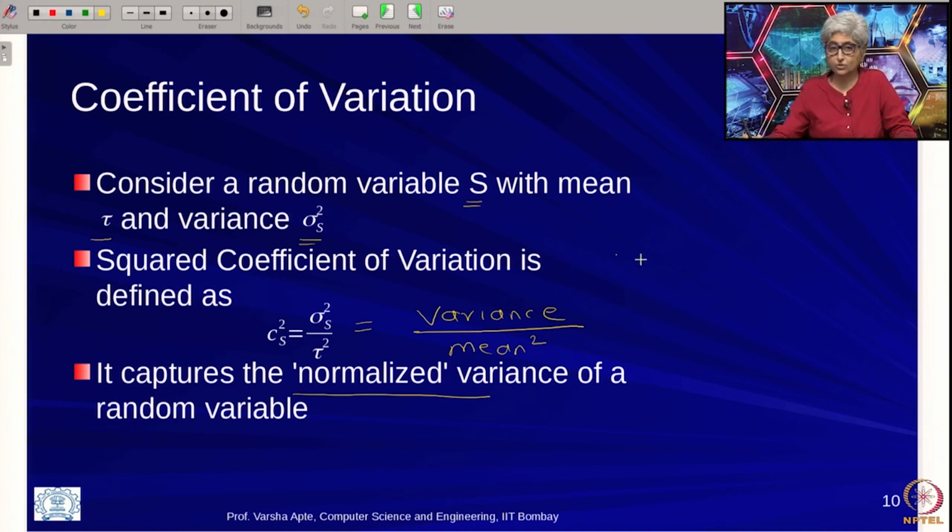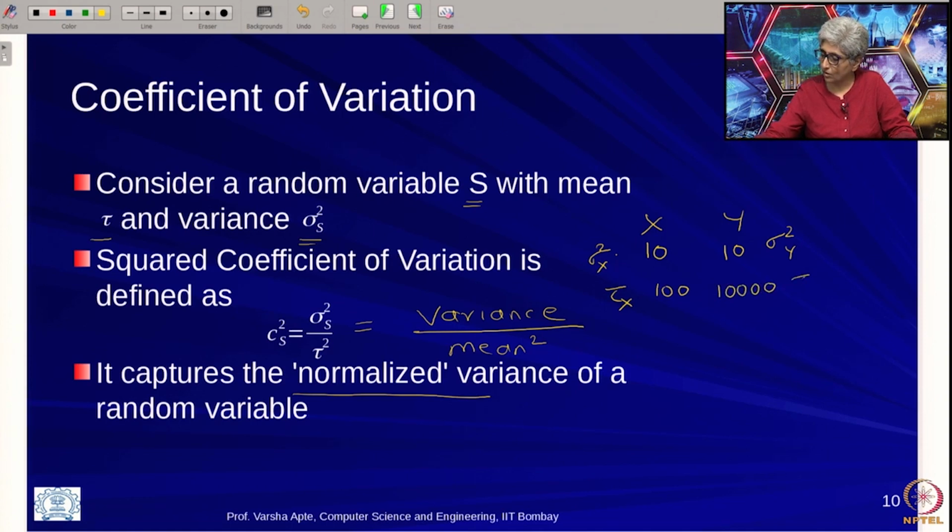Assume there is a random variable x whose variance, sigma squared x, is given by 10, and let us suppose its mean, tau sub x, is 100. Now, assume there is a random variable y whose variance, sigma squared y, is again 10, the same variance, but suppose the mean of this is around 10,000.